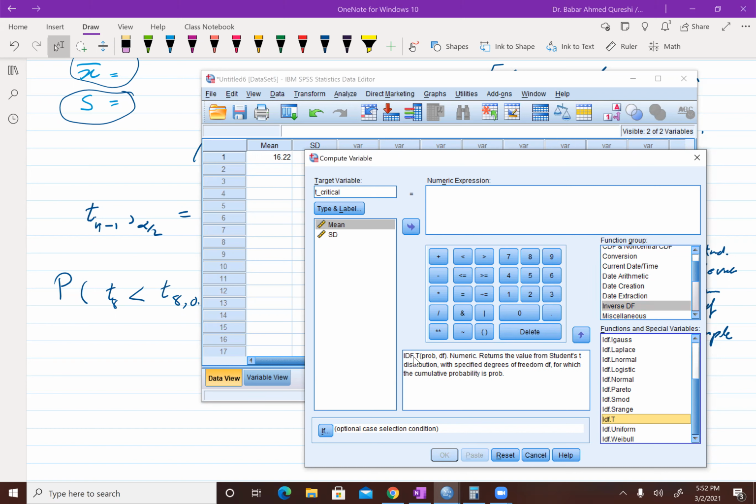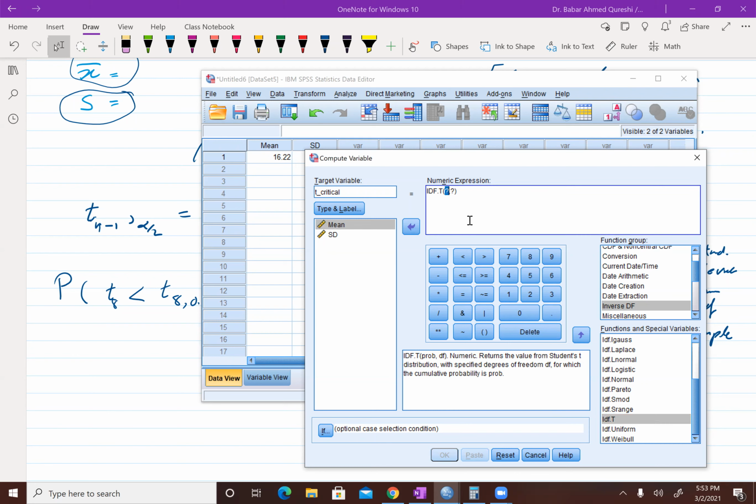And it gives you a description over here: you give it a certain probability. You want to find the critical value of the t variable for a certain probability and a certain number of degrees of freedom, which means n minus 1, which we went over. So if you click it twice over here, it just brings it in here.